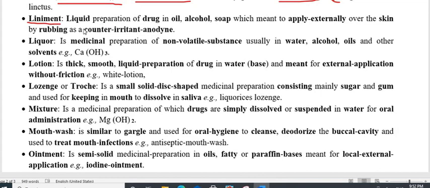So liniment is a medicinal preparation of the drug, and the drug should be either in oil, alcohol, or soap, and that is only applied externally over the skin by rubbing, and therefore it is used as a counter irritant. Anodyne. Anodyne is the drug that relieves pain.